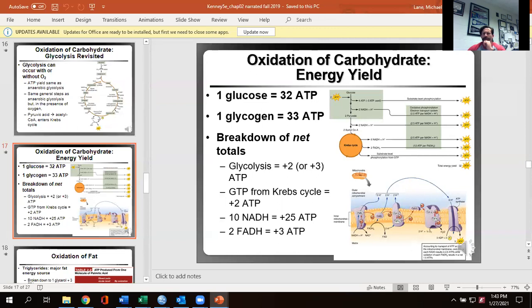Where do we actually use oxygen? Think in the actual metabolic process.